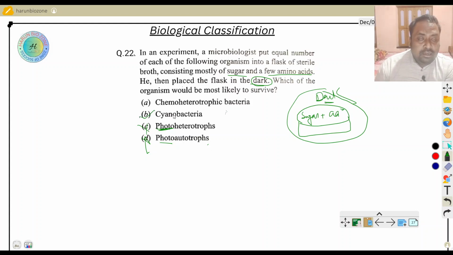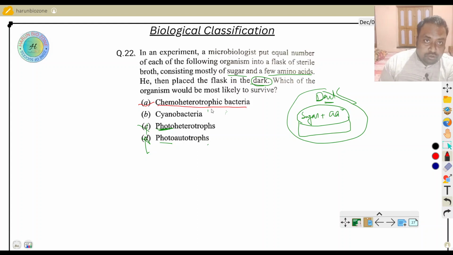Cyanobacteria are autotrophs, so they grow where light is present, because photosynthesis occurs there. But chemoheterotrophic bacteria are heterotrophs, because they do not produce their own food.